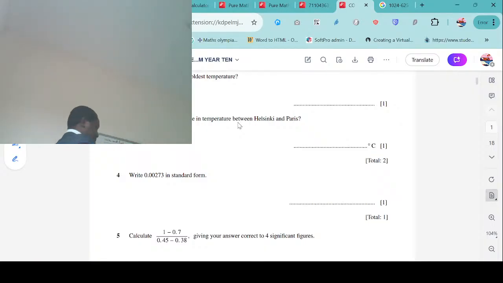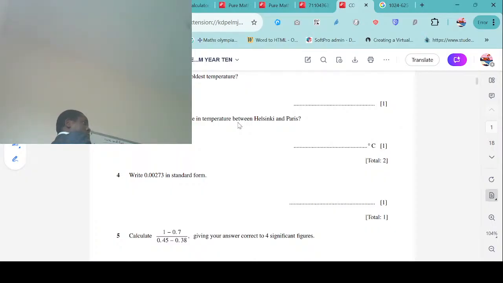How many times can you shift the decimal point? One, two, three times, right? Because you always have to be between the first two significant numbers. That will then be 2.73 times 10 to the power of negative 3.